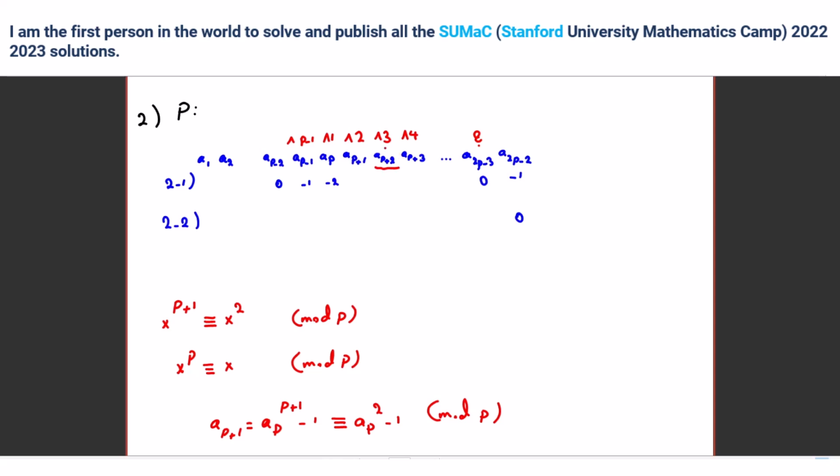For calculating a^(p+2), we should raise to the power of what? The formula of a^(p+2) is what? a^(p+1) to the power of p plus 2 minus 1. Yes, you said power of p plus 2 minus 1.